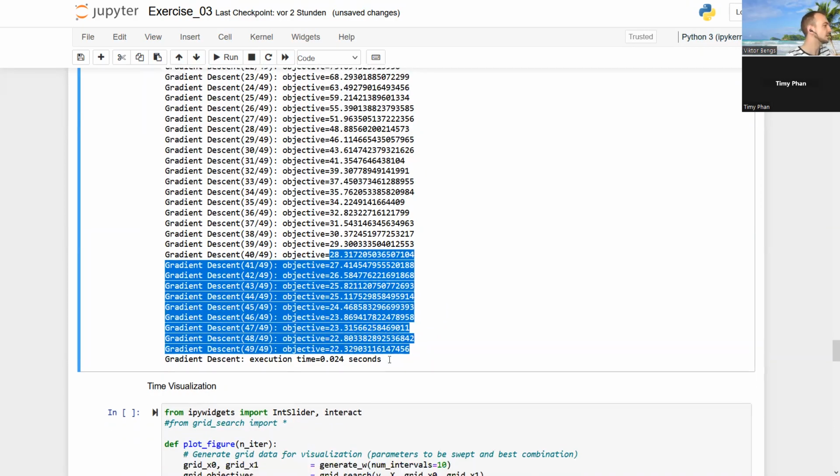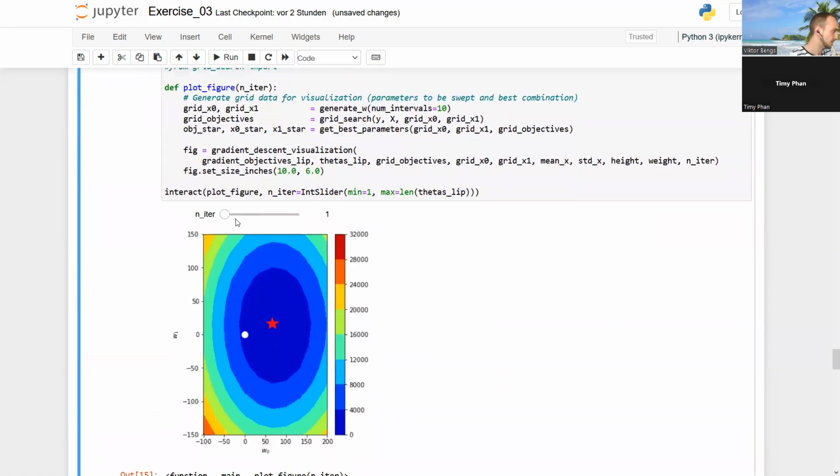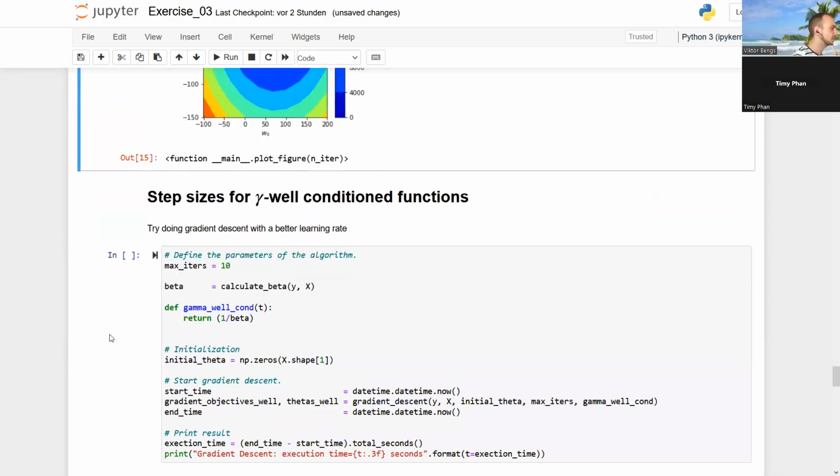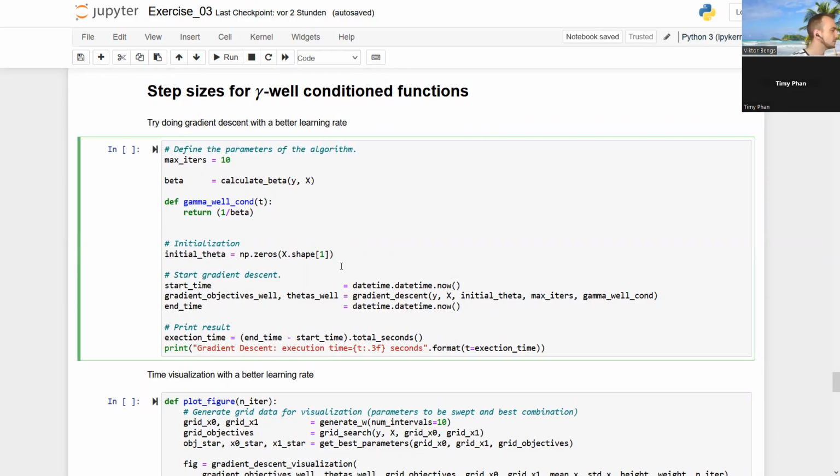So we are getting closer and closer to the optimum value. And again, we could illustrate this iteratively. You see now we are coming closer and closer to the minimum, and even closer than for the naive step size. Of course, with a naive step size, we could have the problem of jumping over the minimum.